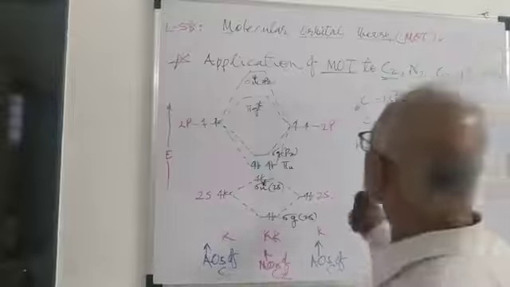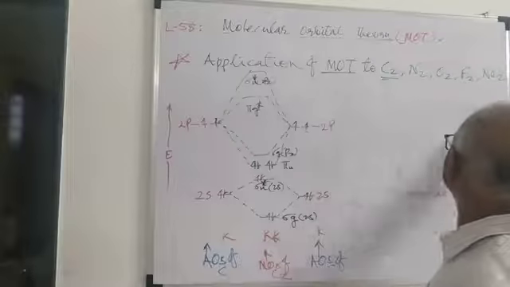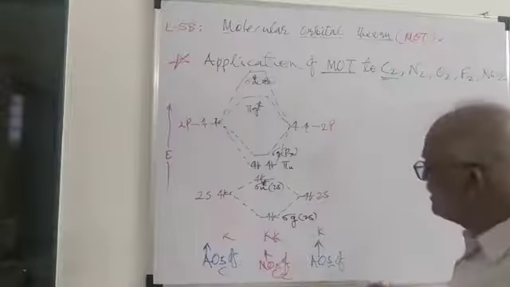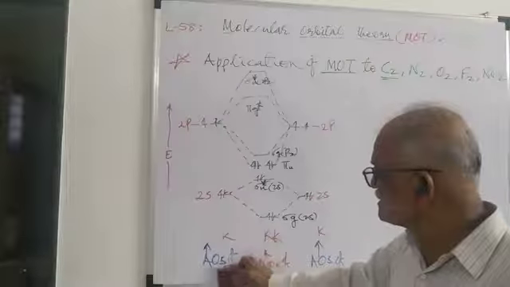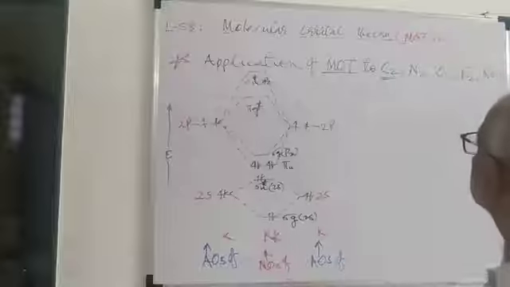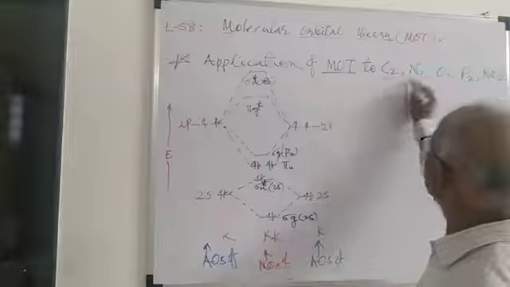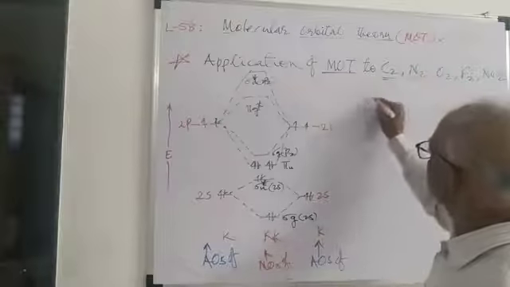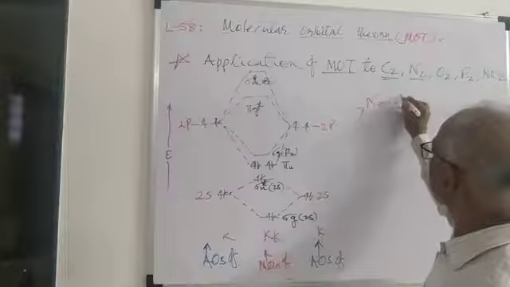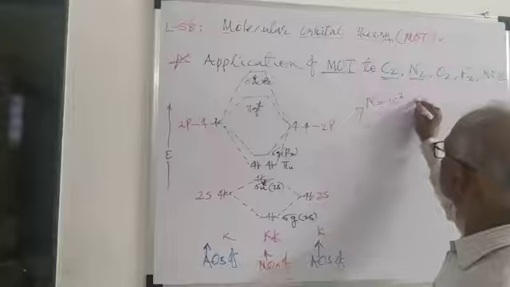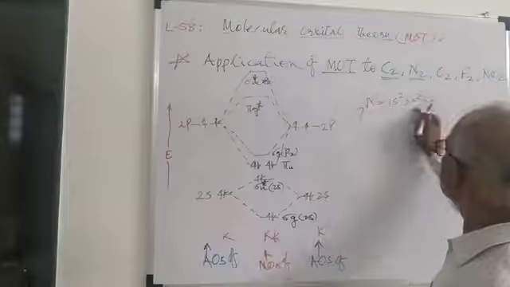Now we will see another molecule. We will remove this because we are changing these atoms. So now we will take N2. Nitrogen has atomic number 7 and the electrons are distributed as 1s2, 2s2 and 2p3.